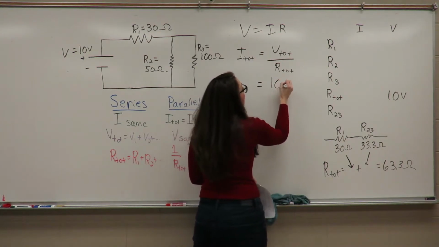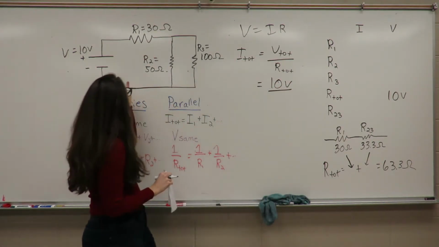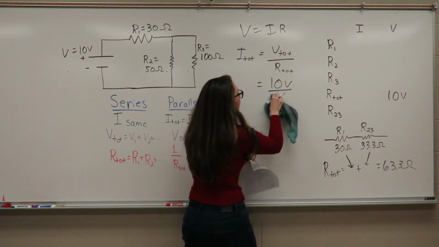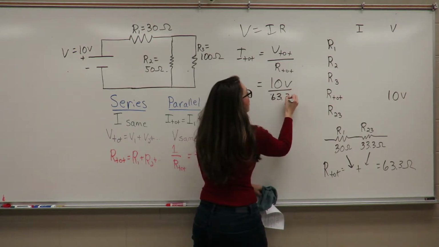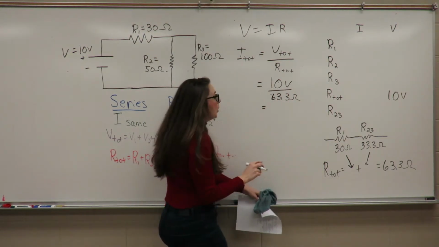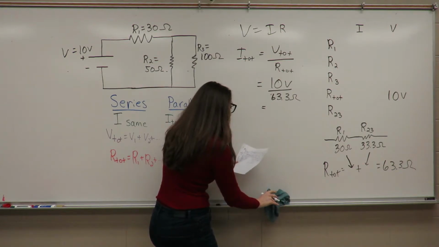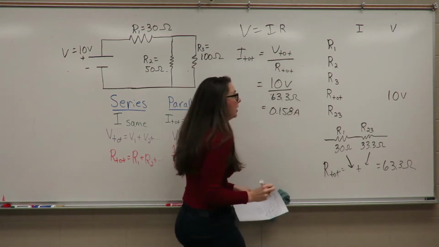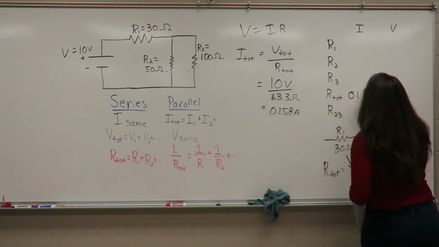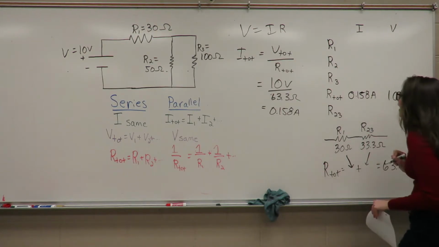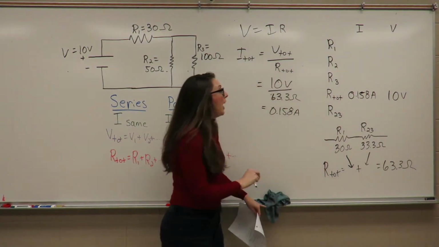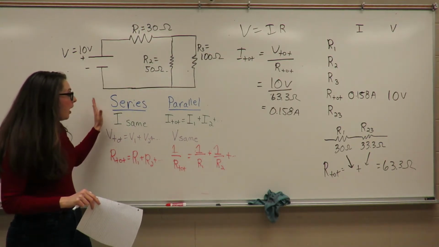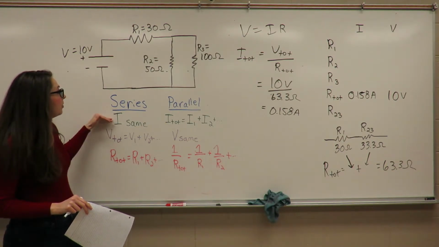So this is going to be 10 volts, that's the voltage supplied by our battery, divided by 63.3 ohms. And so the total current within our circuit is equal to 0.158 amperes. So I'm going to fill that in my table here. 0.158 amperes.